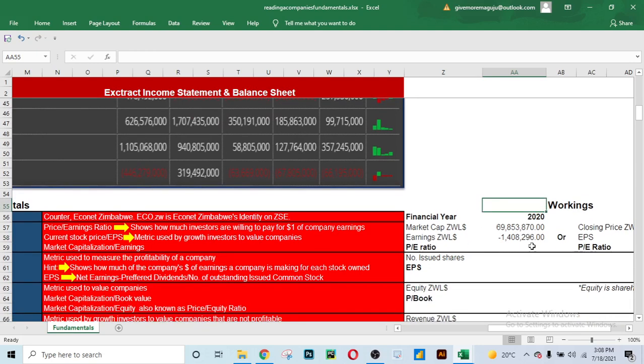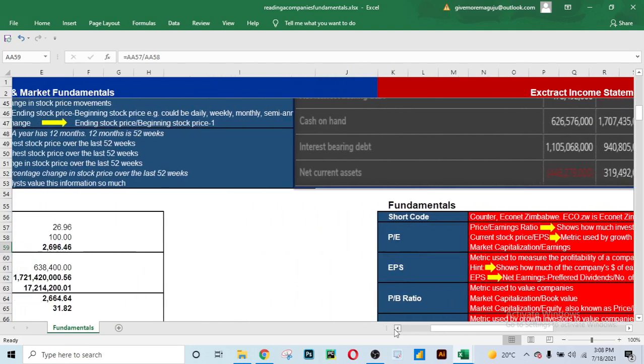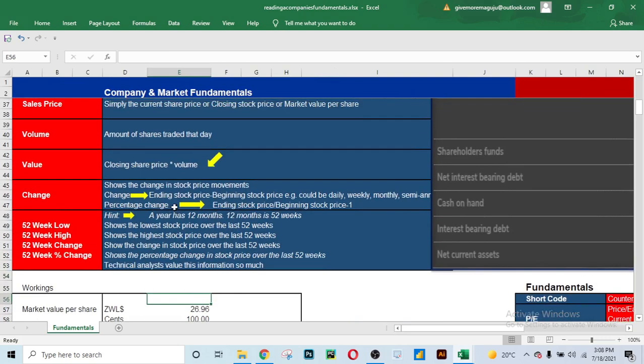Okay, that's good. So let's calculate our PE ratio using this formula, market cap divided by earnings. So like I said, to divide, click in this cell here and say equals, then select market cap divided by negative earnings. Perfect. So this is our ratio. Okay, so let's just go up and try to compare.